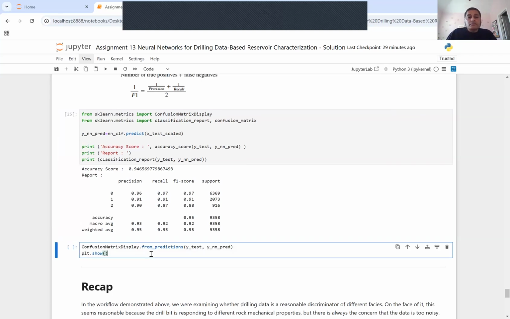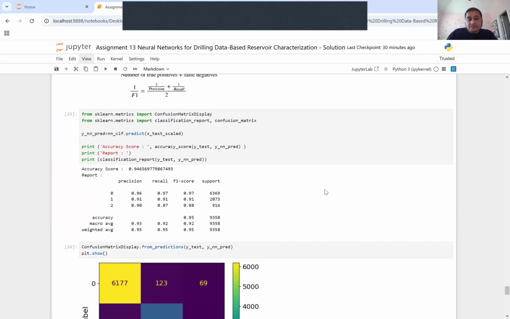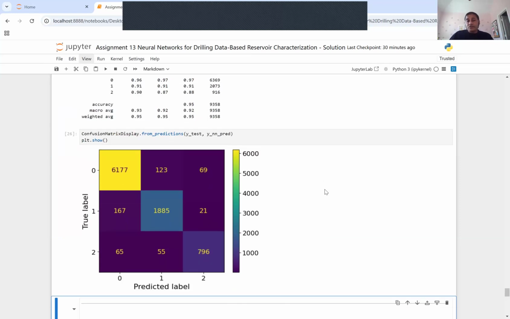I can again reframe that information using a confusion matrix. And this is my confusion matrix where I have the true labels on this side and the predicted labels on the horizontal axis. And largely this is a diagonally dominant matrix with very few misclassifications on the off-diagonal terms.